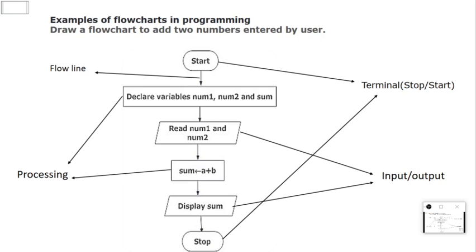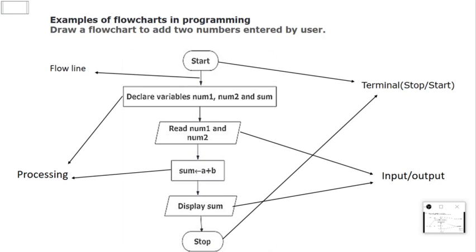So let us see a small example of a flowchart. You can see this program contains adding of two numbers. In this program I am just declaring three variables, num1, num2, and sum. And I am reading the two variables. Either it may be initializing directly, num1 is equal to 5, or we can use scanf.